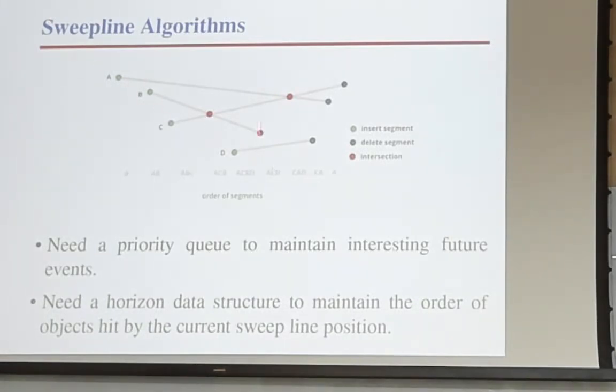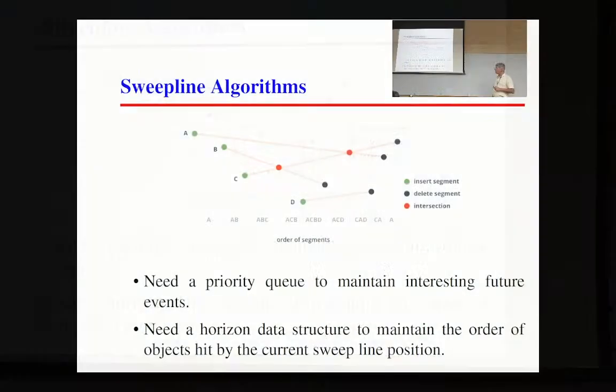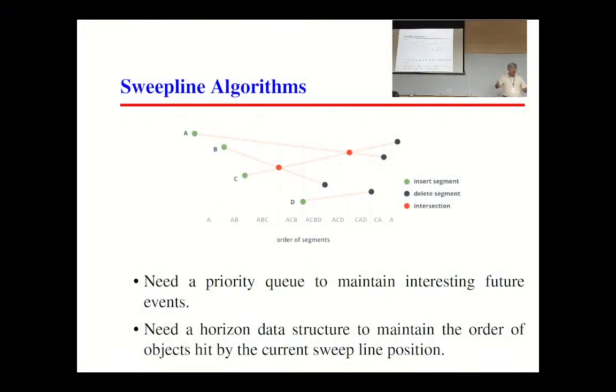In the case of line segments, you're given initially the left endpoints, then the right endpoints. Those you could put easily into a priority queue. You might also be interested in where the intersections are when they occur. The reason I say you're going to use a priority queue to maintain the future instead of just a sorted order is that for certain of these geometric problems, new events come along.